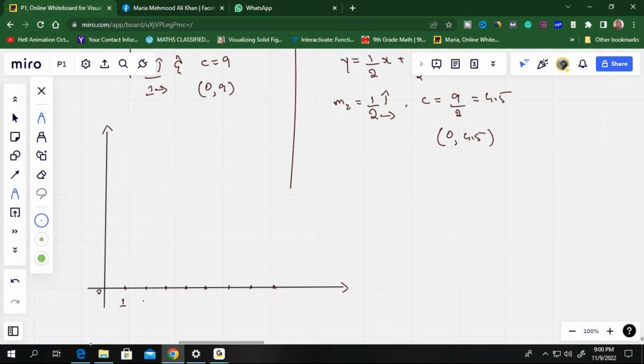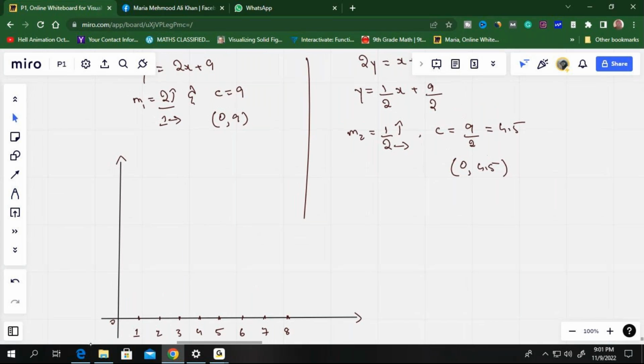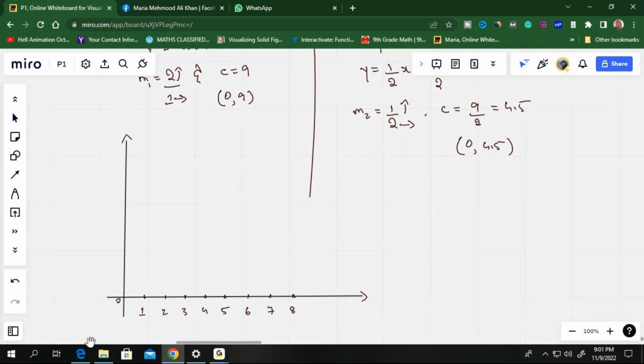Just for security, I'm taking 8 units on my x-axis. Over here, my point is 0, 9, and I need to shift 2 units up. So I can take 12 units on the y-axis, because this 9 point is going to be moved 2 units up, so it should be on the 11.